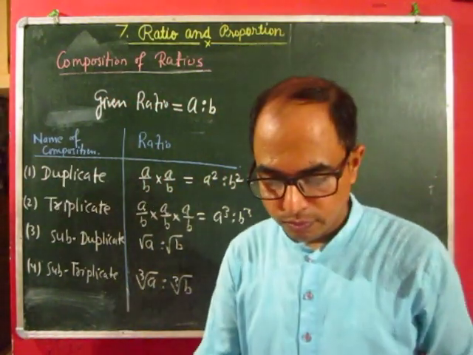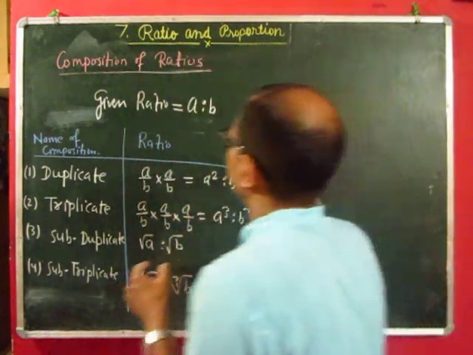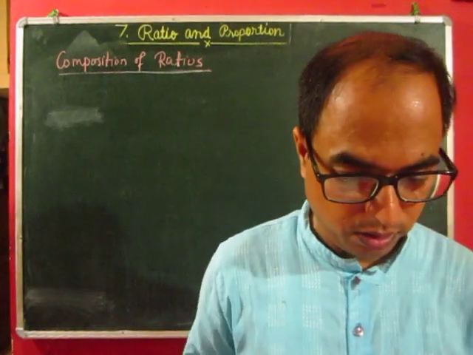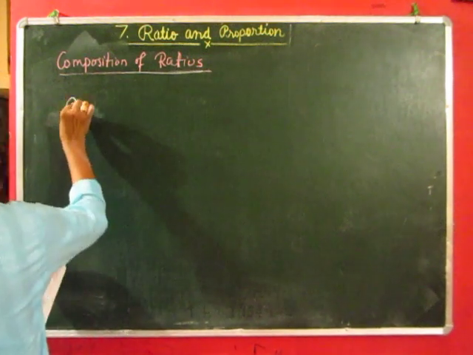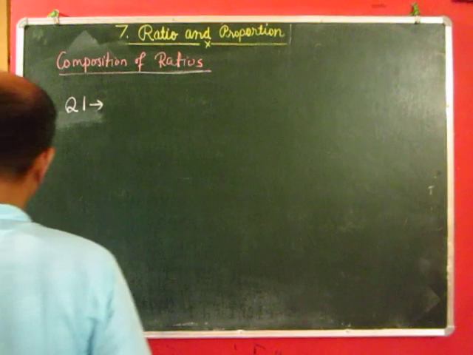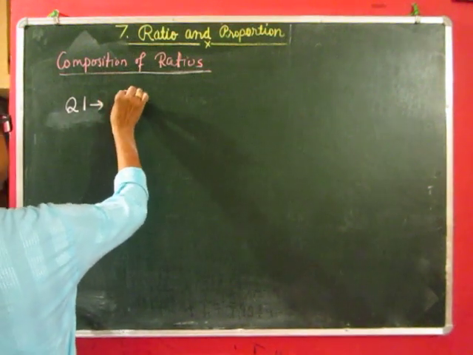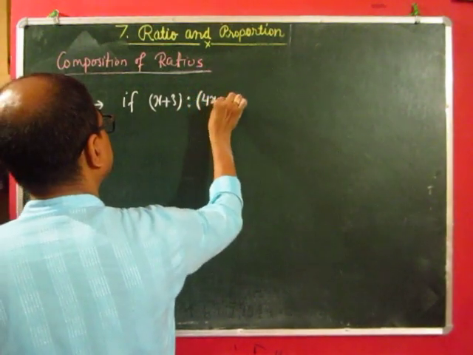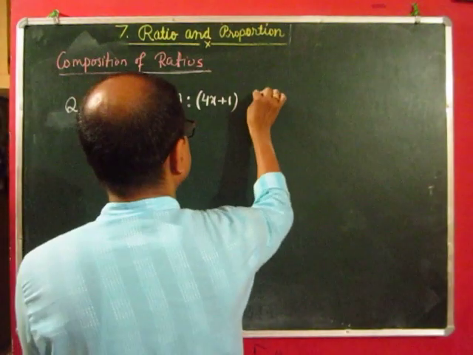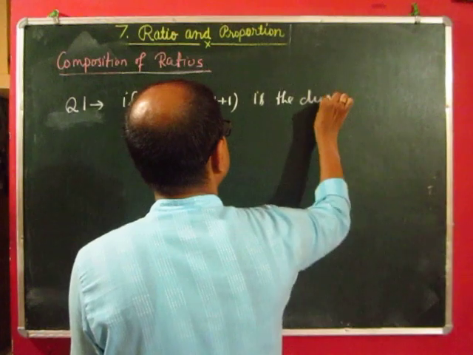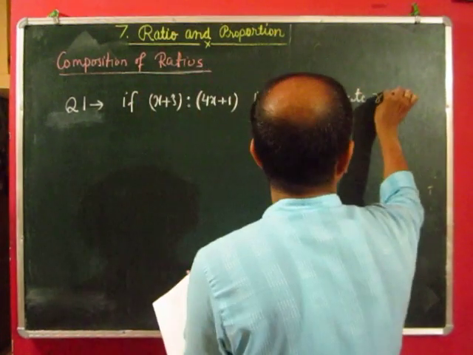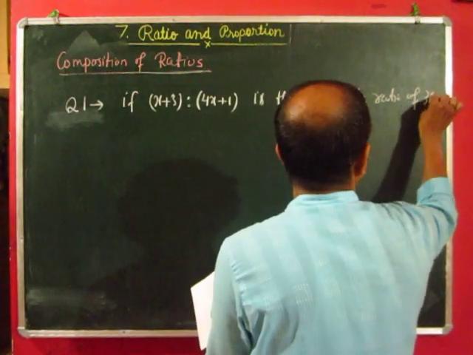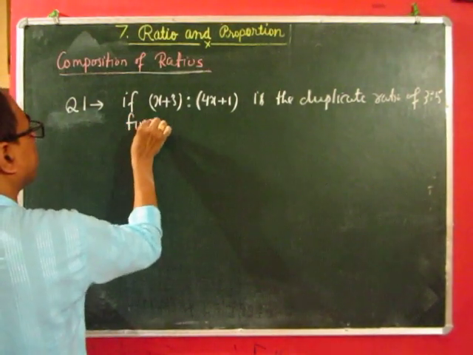Now let us solve some questions. One question is: if x plus 3 is to 4x plus 1 is the duplicate ratio of 3 is to 5, find x.